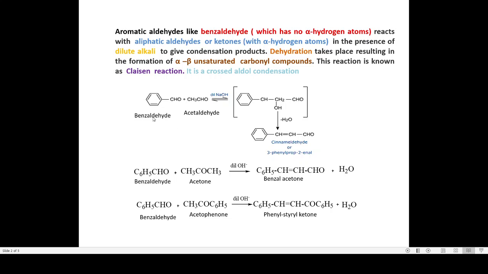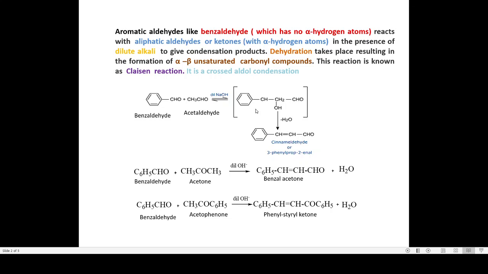When we take an aromatic aldehyde like benzaldehyde, which has no alpha hydrogen atom, and react it with an aliphatic aldehyde like acetaldehyde, or a ketone with an alpha hydrogen atom, in the presence of a dilute alkali like NaOH, we get a condensation product.